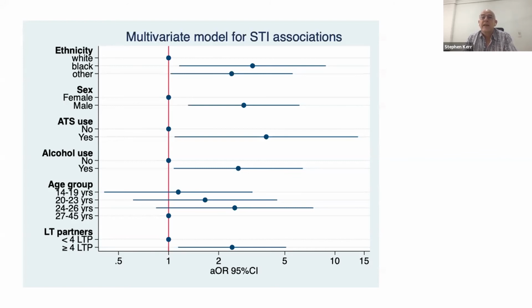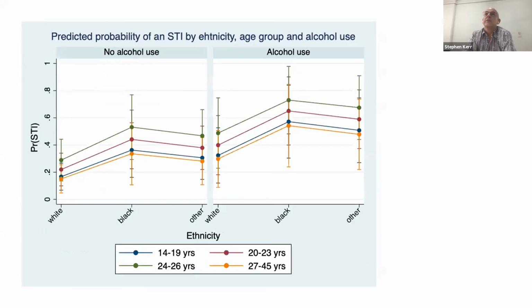You can also present your data in other ways. For example, after you've developed a model, you might want to generate the predicted probabilities of having an STI by different variables in your data set. Here we can see the probability of having an STI by race, by age group, and by whether the person uses alcohol.